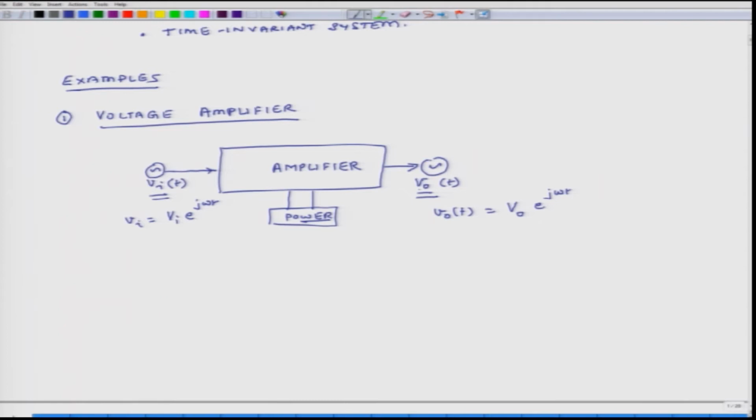And there could be a phase difference between input and output, but that phase difference gets expressed in what component? This complex amplitude part, because we had seen this earlier. The phase component gets into the complex amplitude of Vi and V naught.